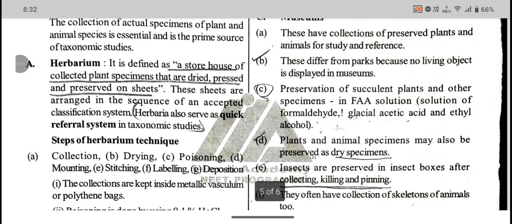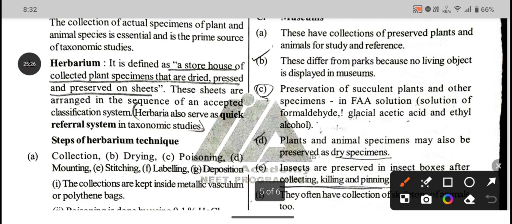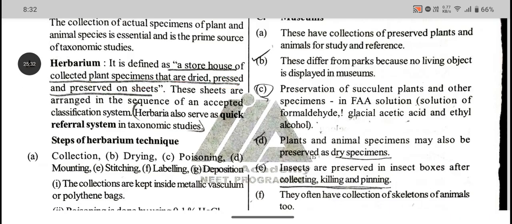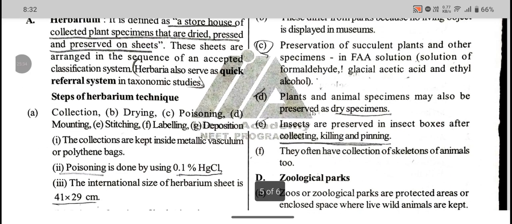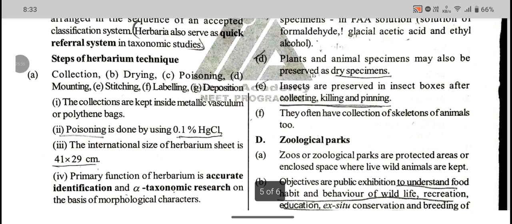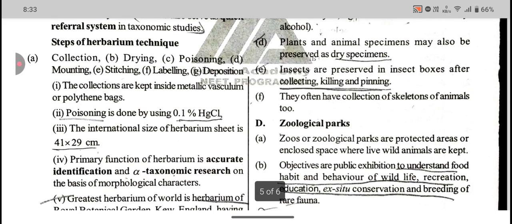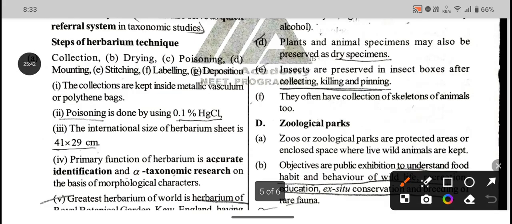The first one is herbarium. It is defined as a storehouse of collected plant specimens that are dried, pressed, and preserved on sheets. So herbaria also serve as a quick referral system in taxonomic studies. The steps to prepare a herbarium are collection of the plants, drying, poisoning, mounting, stitching, labeling, and deposition.